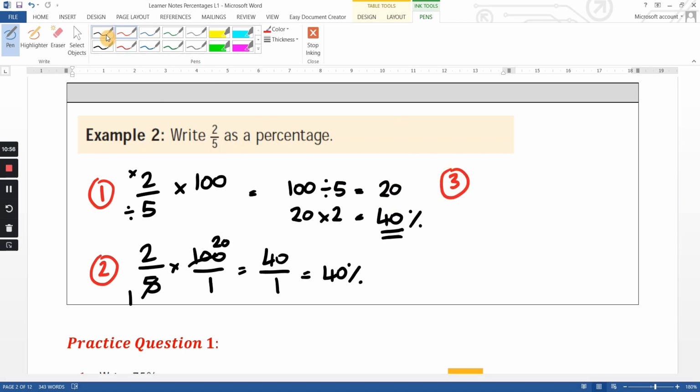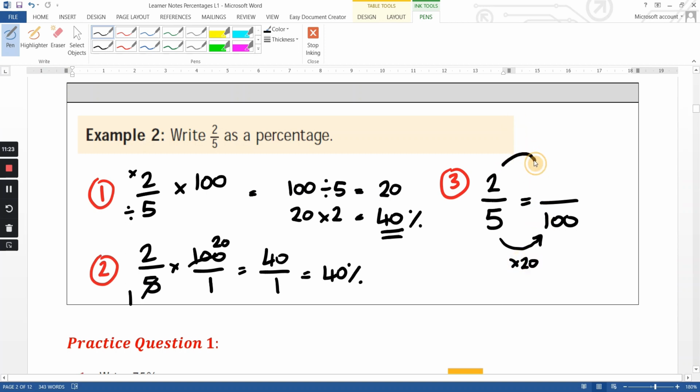I'll show you a different way, which I actually like. If you've got your fraction 2/5 and you want it as a percentage, what does percentage actually mean? It means out of 100. So you don't want it out of 5, you want it out of 100 instead. How do you get from 5 to 100? How many 5s go into 100? 20 times.